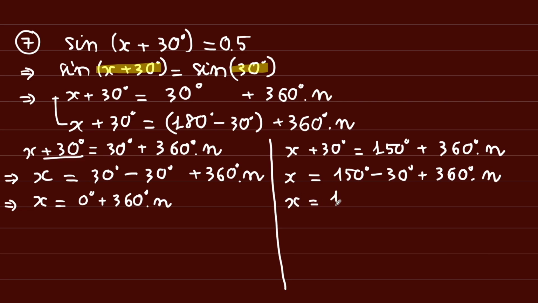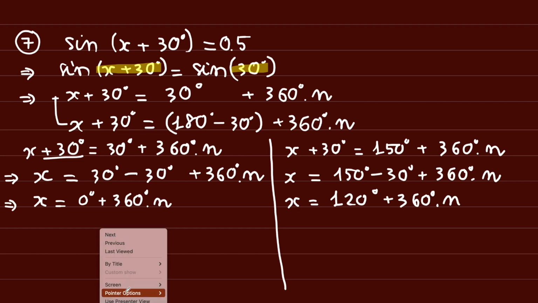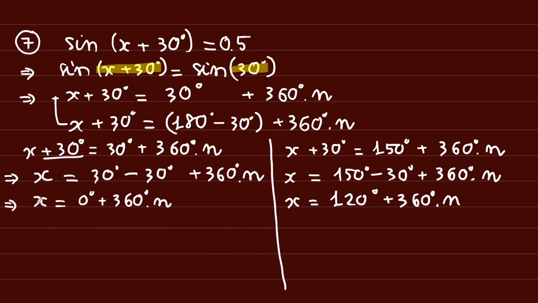And after that, you got here 120 plus 360 degree. This is basic algebra. So we have two solutions. The first solution is 0 plus 360 degree multiply n. And the second one, you got this expression, 120 degree plus 360 degree multiply n.